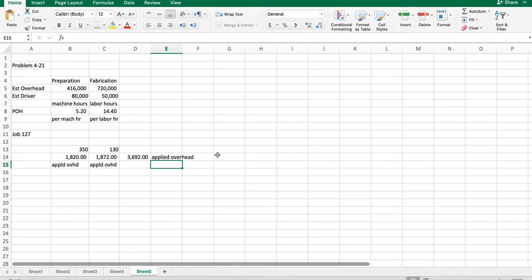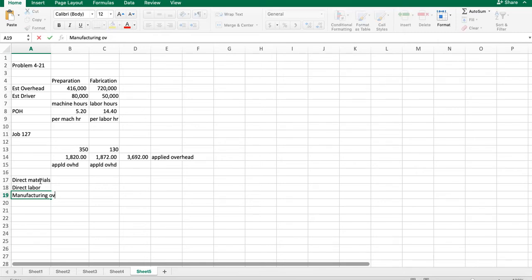Okay, then it asks us, what would be the total cost recorded for job 127? So if you had a job cost card for job 127, you would have direct materials, direct labor, and manufacturing overhead.